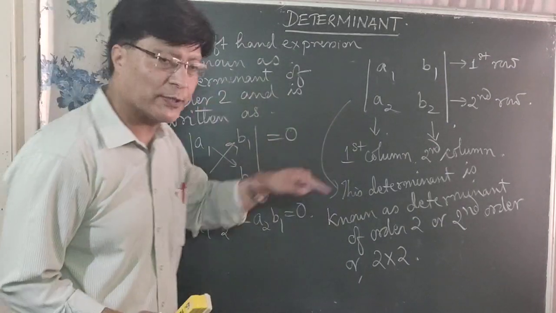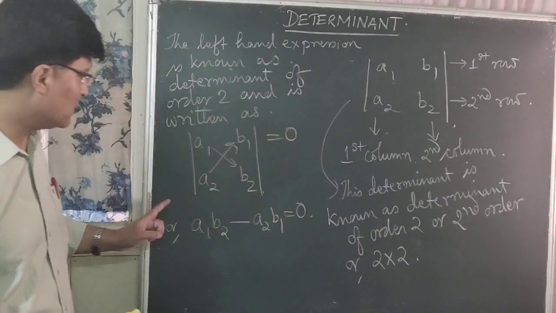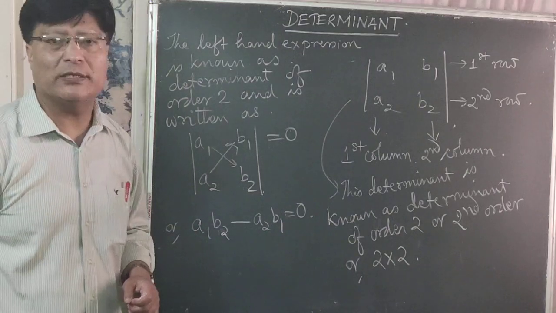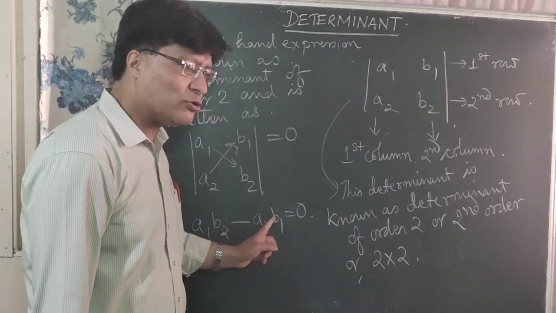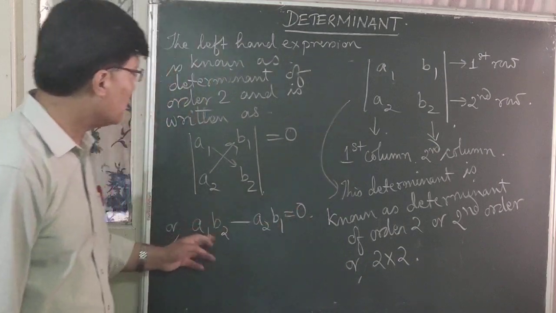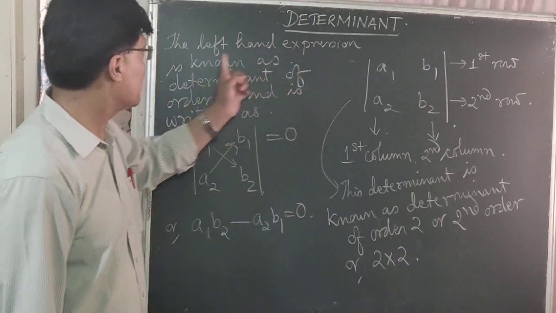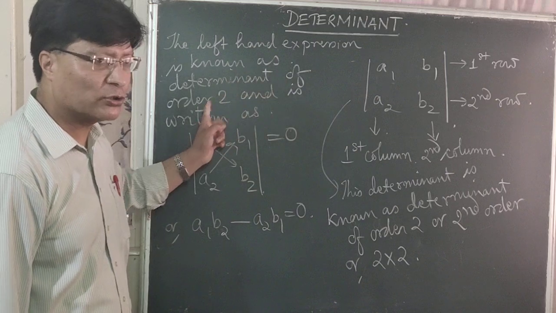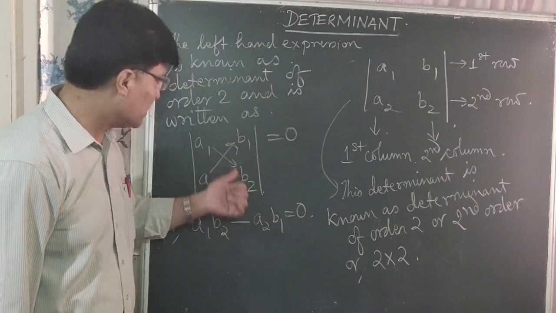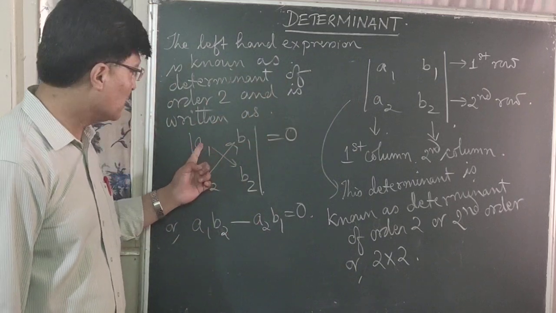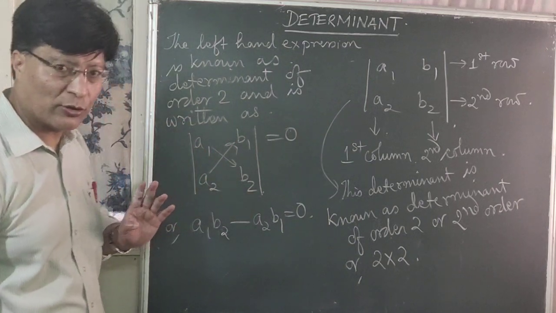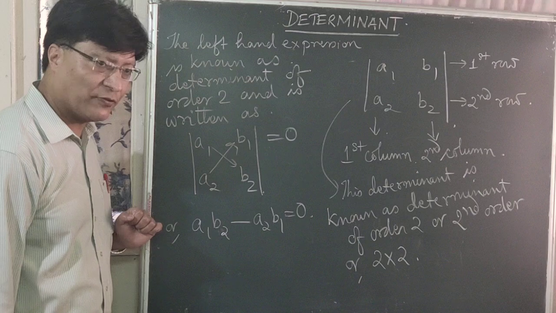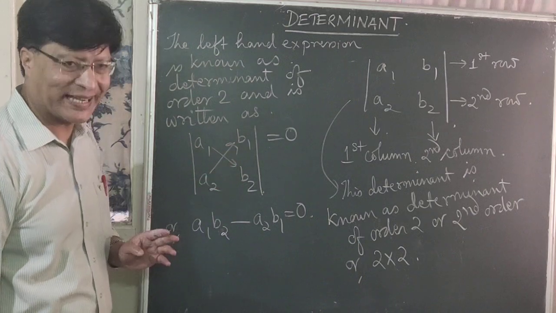So the previous expression was a1 b2 minus a2 b1 is equal to 0. This left hand expression is known as the determinant of order 2, and it is written this way: a1 b1 is the first row and a2 b2 is the second row, or a1 a2 is the first column and b1 b2 is the second column.